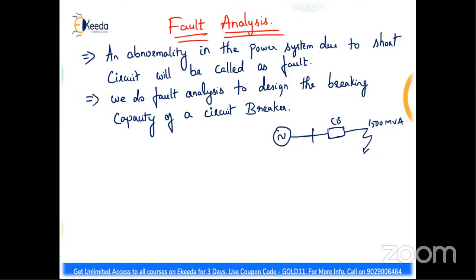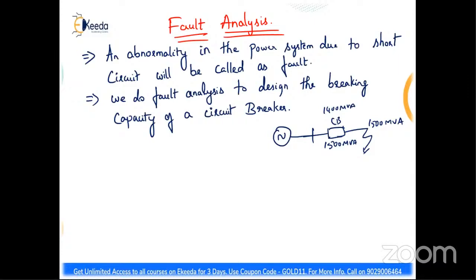It should be 1500 MVA minimum. If the circuit breaker is a 1400 MVA circuit breaker, then the circuit breaker will get damaged and the whole system will get damaged. So we do fault analysis to design the breaking capacity of the circuit breaker. Understood? So why do we do this fault analysis?